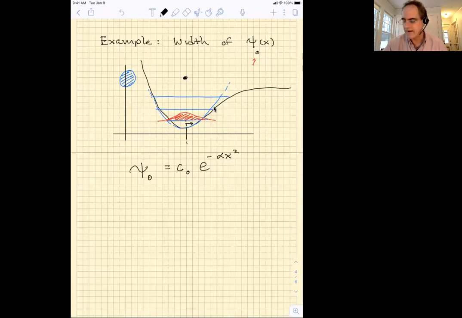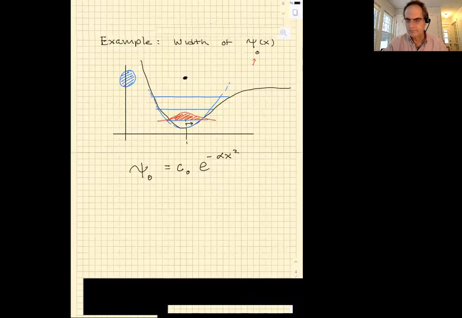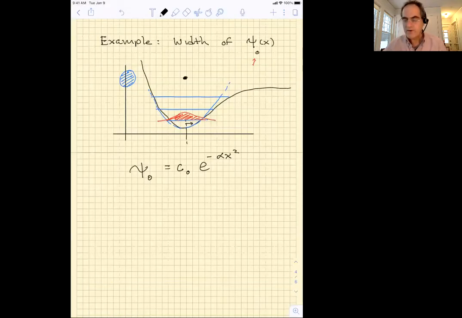So let's go ahead and figure out the width of the ground state wave function for this particular case, HCl. Actually, in order to do this, it's going to be convenient to rewrite the wave function. We'll write it as C0 e to the minus x over a quantity squared.